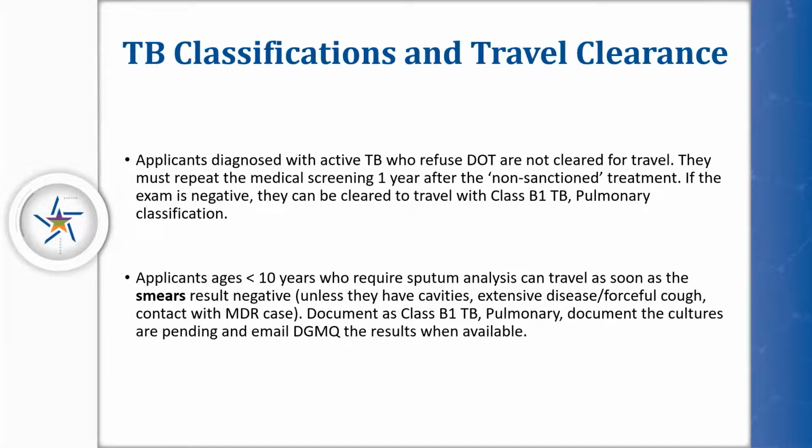And that child travels as a class B1 TB pulmonary. And you have to document that the cultures are pending so that the evaluating physician receiving that child will also be aware, but you also need to email DGMQ the results when they're available so that they can be passed on to where the child is in the US.